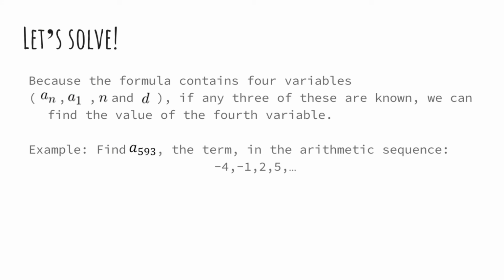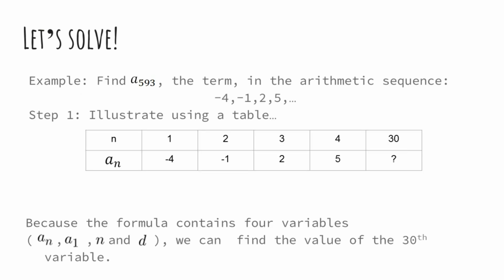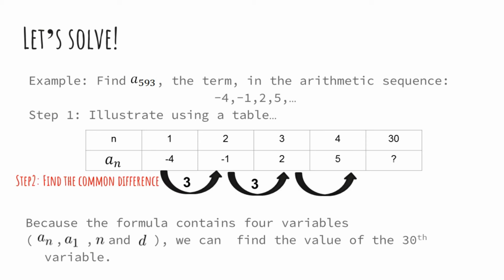Okay, next let's have another problem. The same process. Let us find the 593rd term of the same arithmetic sequence. You just have to do the same process in solving, just like for example number 1. Again, the common difference of this number pattern is 3, since we are using the same sequence.